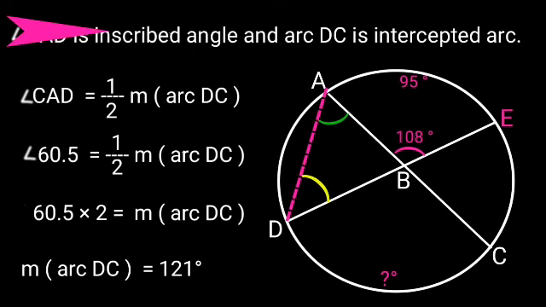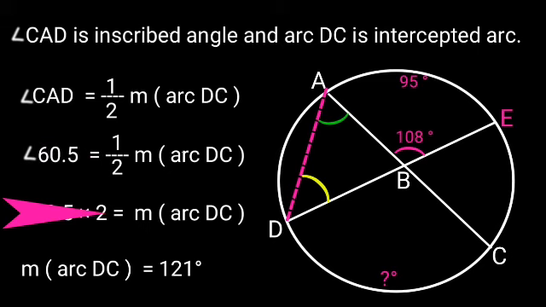Angle CAD is an inscribed angle and arc DC is the intercepted arc. Hence, by the inscribed angle theorem, angle CAD is equal to 1/2 the measure of arc DC. Substituting the value of angle CAD, 60.5 is equal to 1/2 the measure of arc DC.